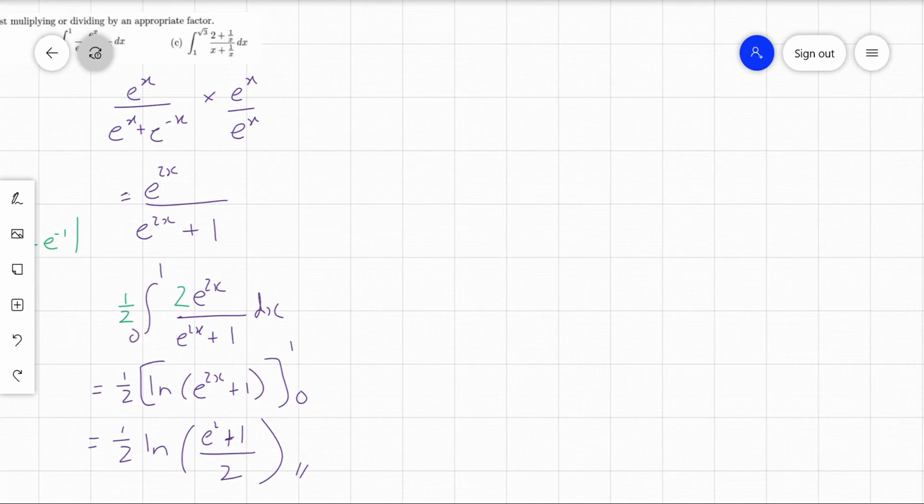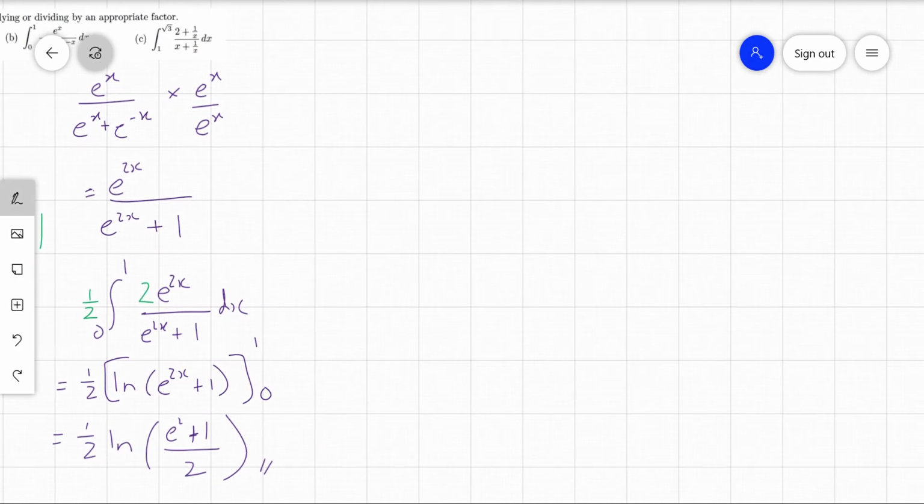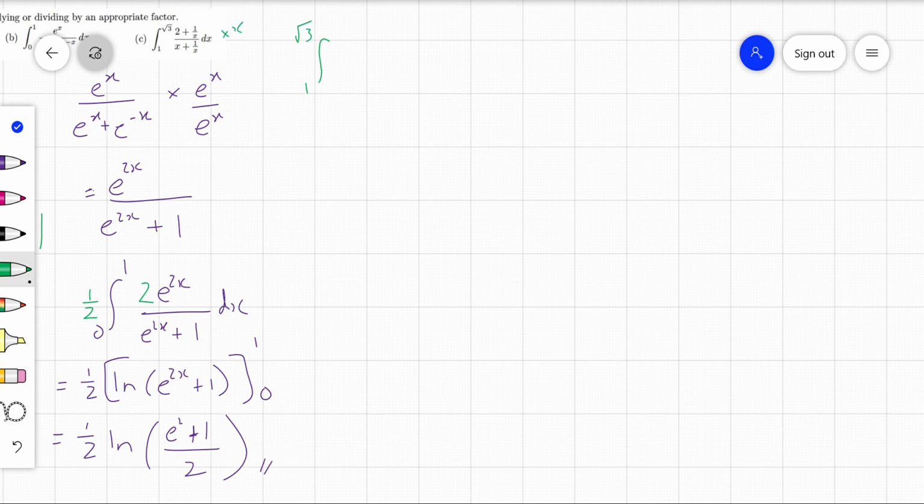All right, let's look at the third one. So probably this one is the more obvious one. So if we've got 1 on x, we probably want to times by x. So if I times the top by x and the bottom by x, I'm going to get a 2x plus 1 on the top and an x squared plus 1 on the bottom.